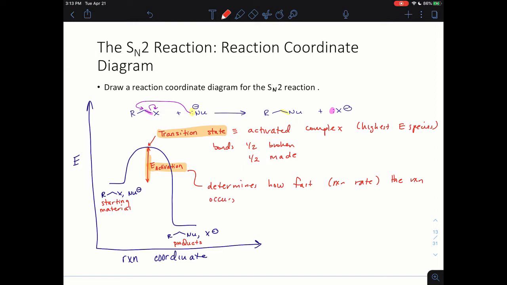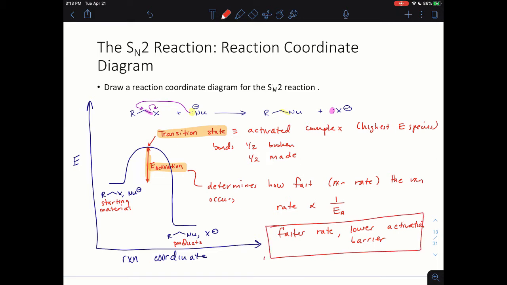And we can remember from general chemistry that the rate is inversely related to the activation barrier. So a faster rate corresponds to a lower activation barrier. Okay, so faster rate, lower activation barrier.